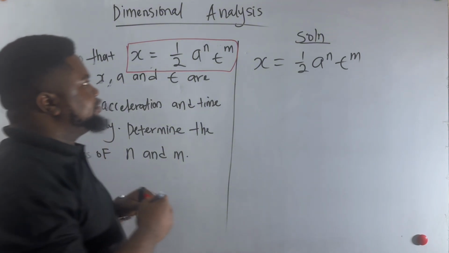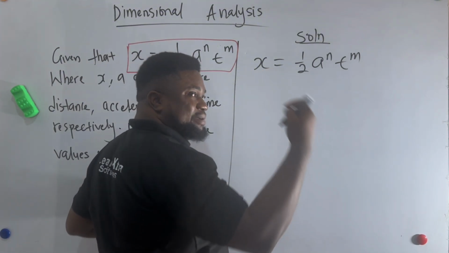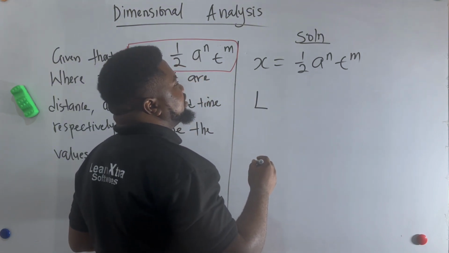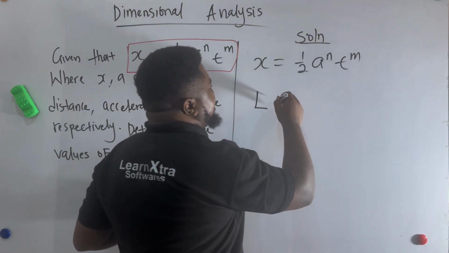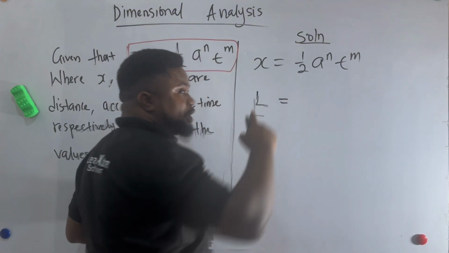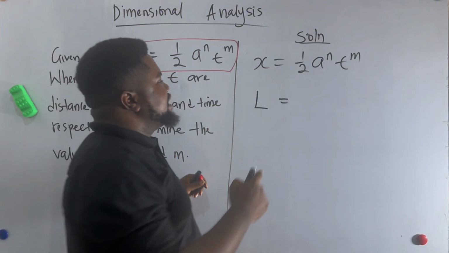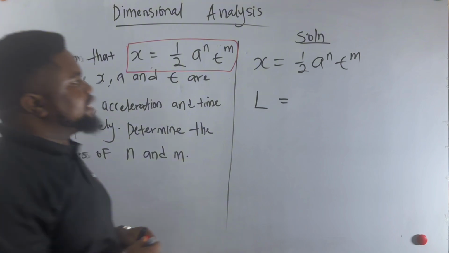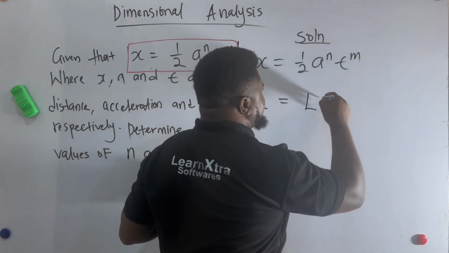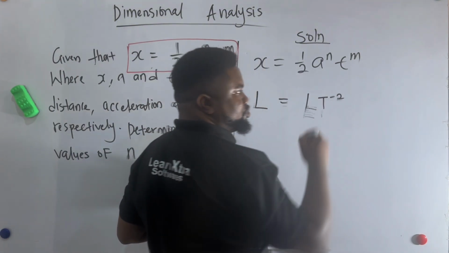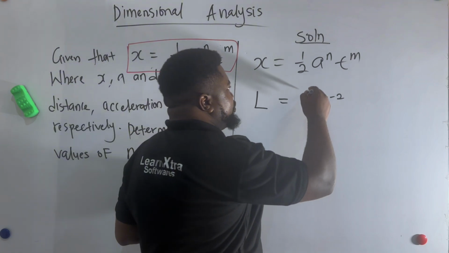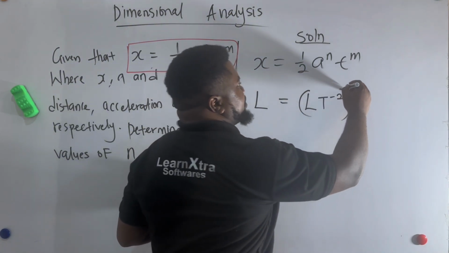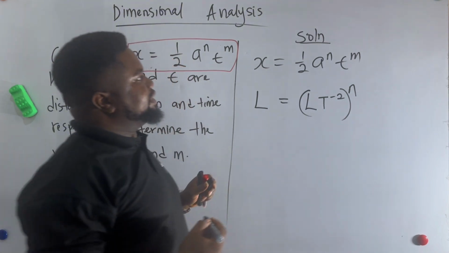means L. So I'll change them to their dimensions. x is L. So L will be equal to, I won't use 1 over 2 because it's a constant. A is acceleration, and that is L T minus 2. Put it inside a bracket, then fix your exponents, power n.